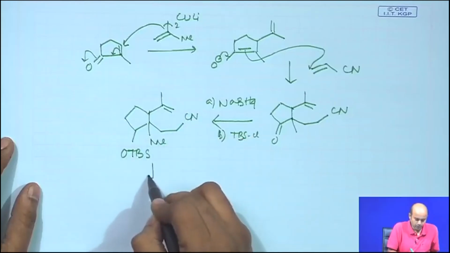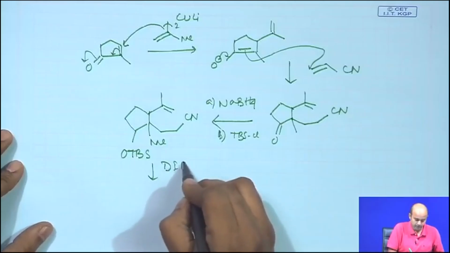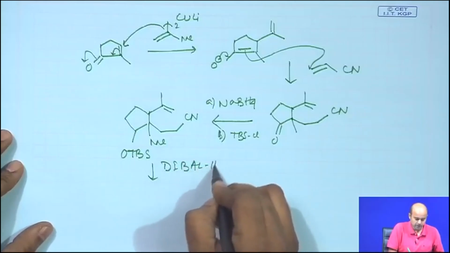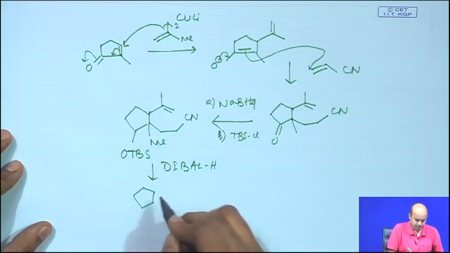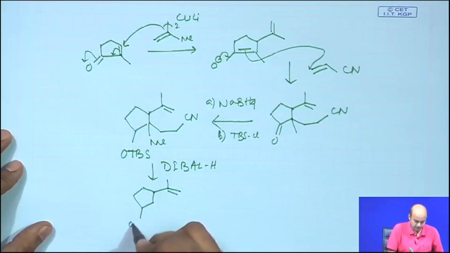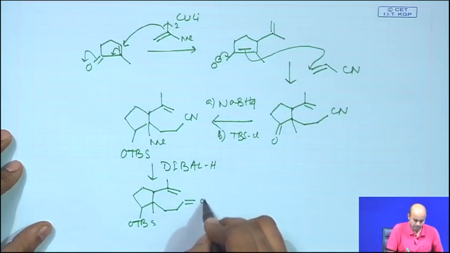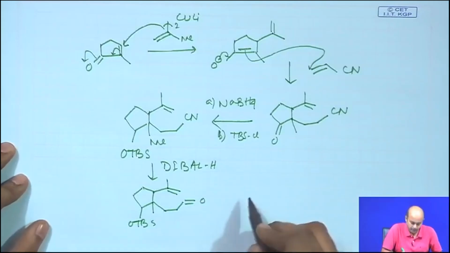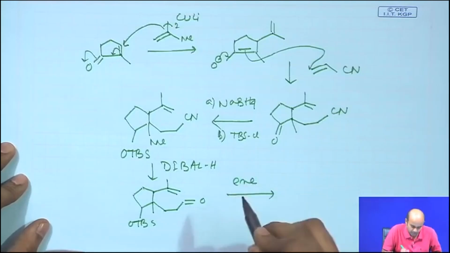Next, you are almost close to the carbonyl ene reaction. What you do is a simple DIBAL reduction to convert the cyano to the corresponding aldehyde, this. Okay. Now, everything is ready, you can visualize the ene reaction.